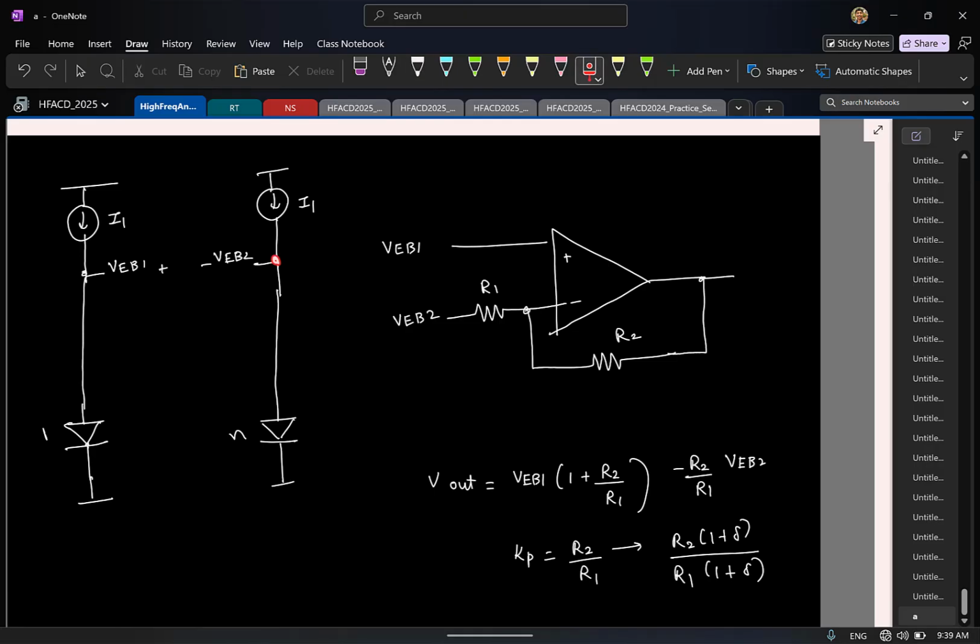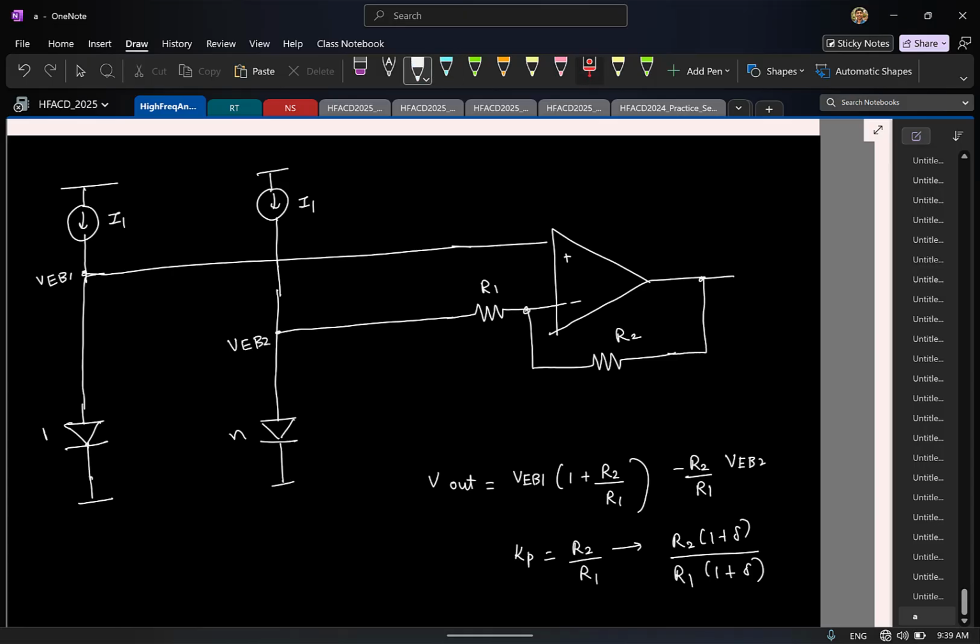I should connect VEB2 here, so this is VEB2. I'll directly connect it here. Similarly, VEB1 I'll connect to the left side. So this is VEB1, this is VEB2.